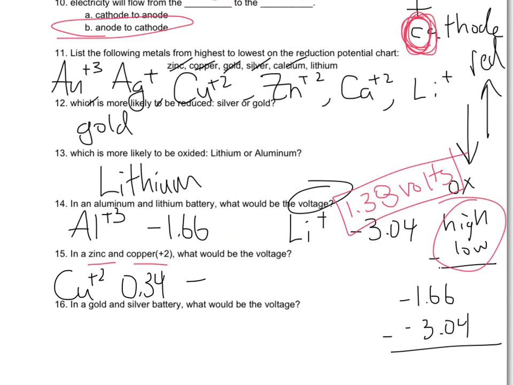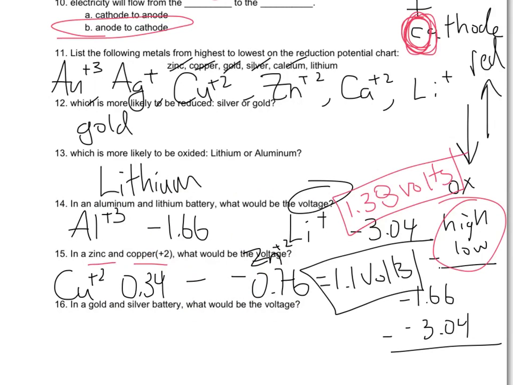Zinc is lower down on the chart, and it is -0.76. So we have 0.34 minus -0.76. Subtracting a negative is the same as adding a positive. 1.1 volts.